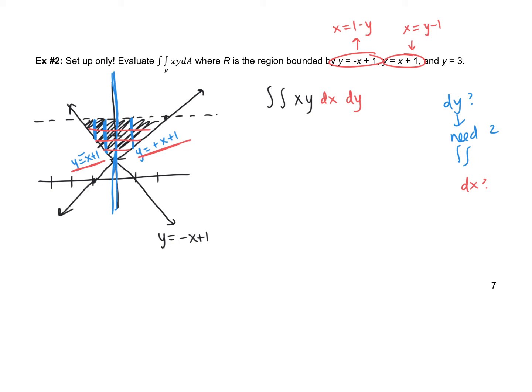Okay, so on the left, from this line right here, x goes from 1 minus y to y minus 1. And then y is going from here, which is 1, up to here, so from 1 to 3.